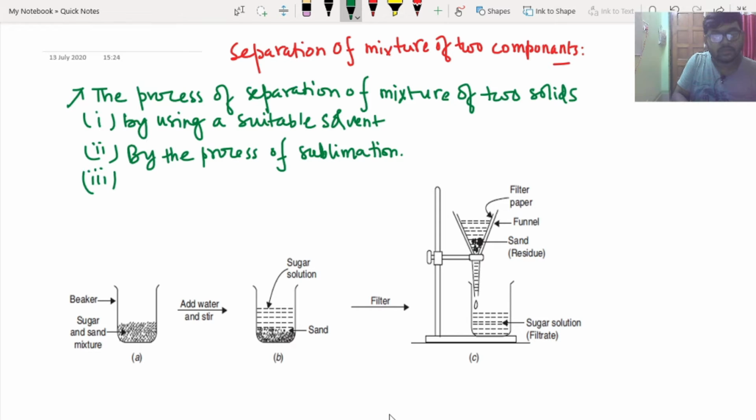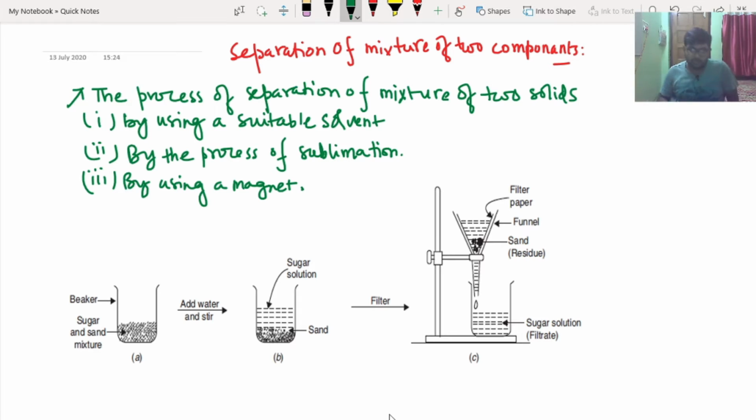Third, by using a magnet. So these are the three processes by which we can separate a mixture which has two solids in it.